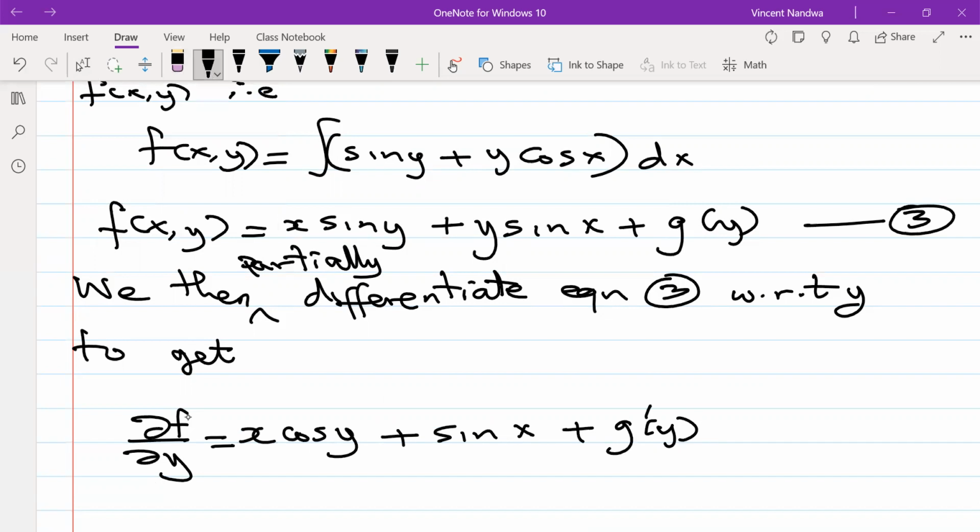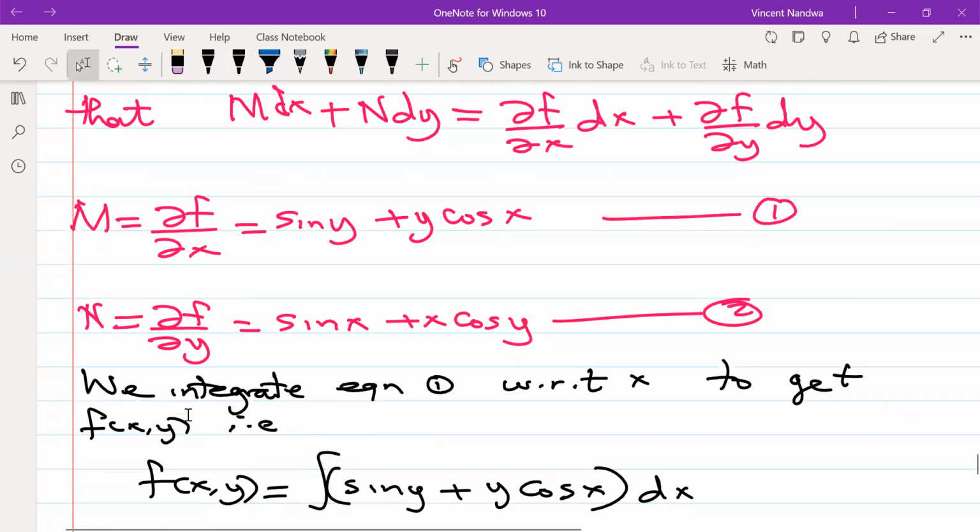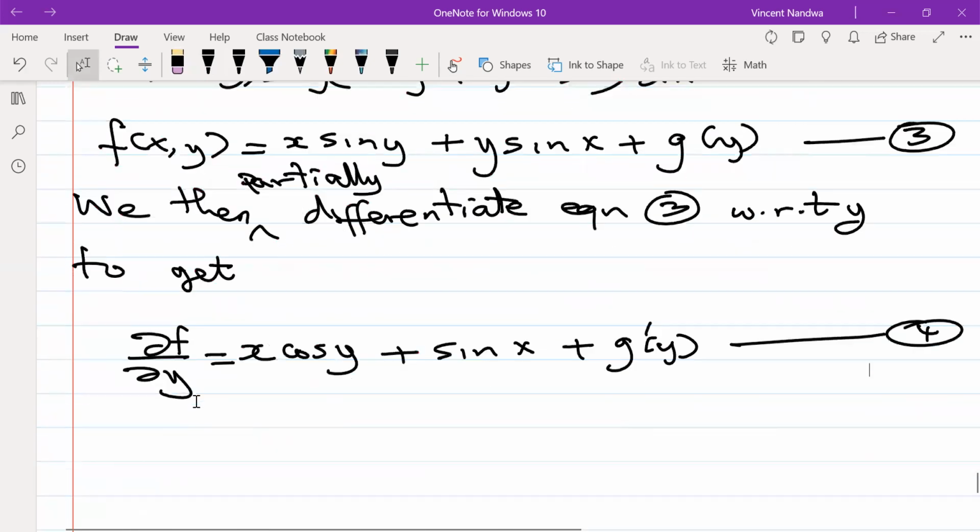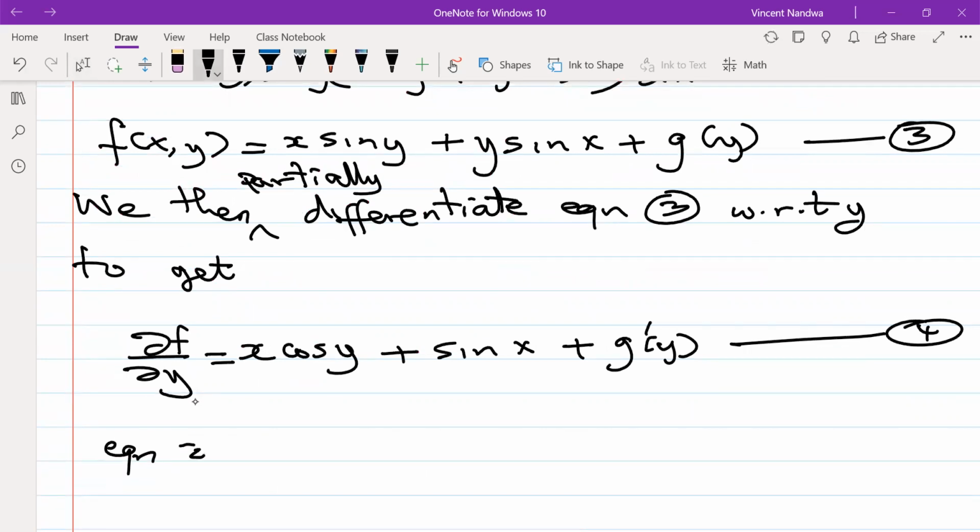So let's call that equation 4. Now, equation 4 and equation 2 define partial f partial y. So equation 4 equals to equation 2.